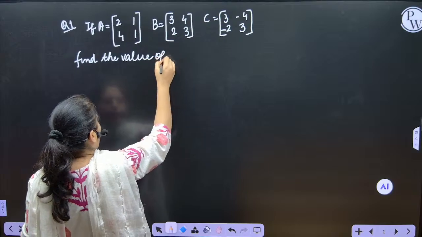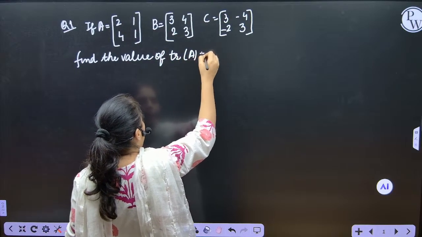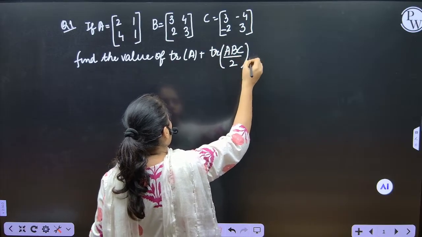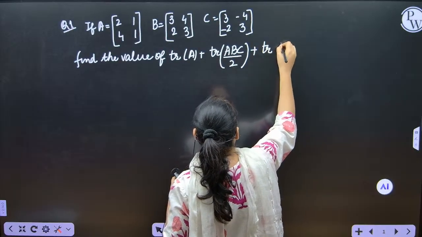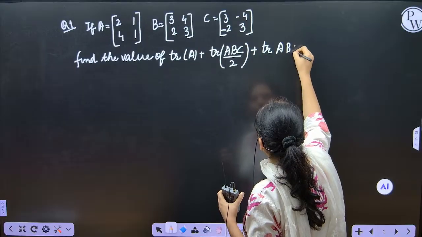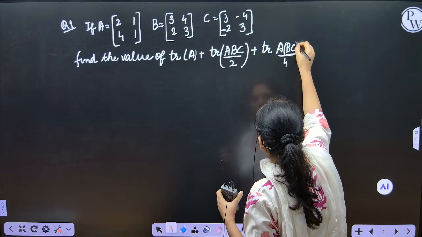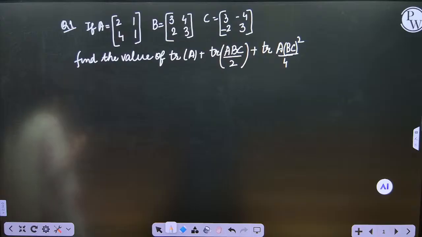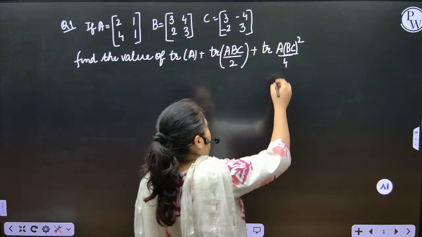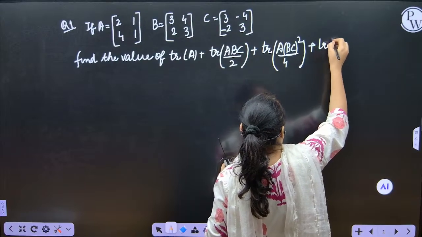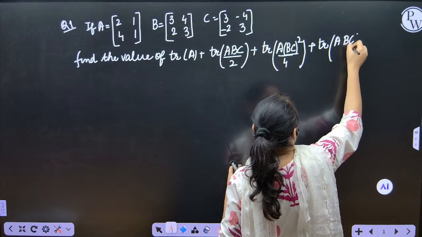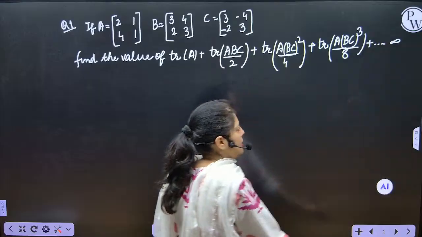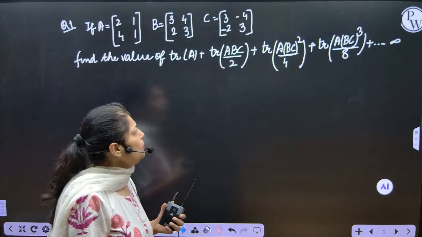Find the value of trace of A plus trace of ABC by 2, plus trace of A(BC) whole square, by 4, plus trace of A(BC) whole cube divided by 8, and so on till infinity.